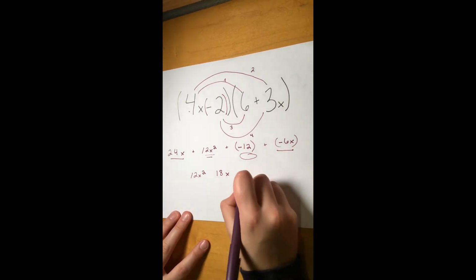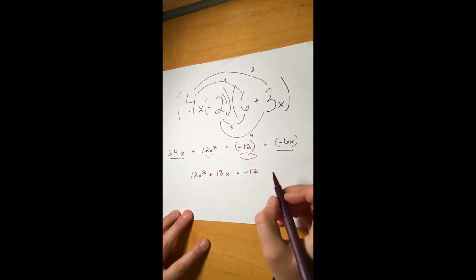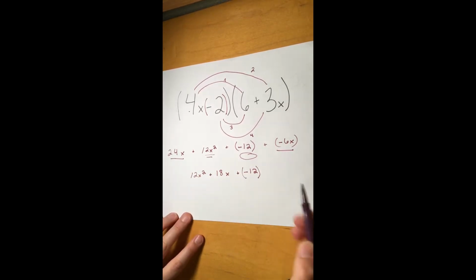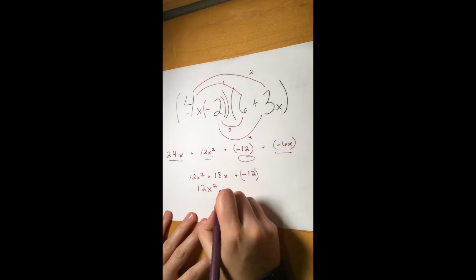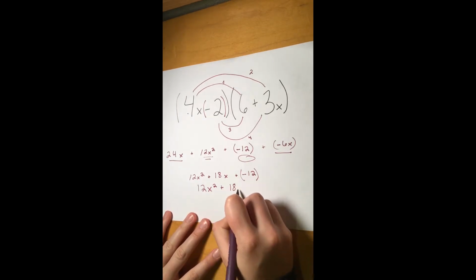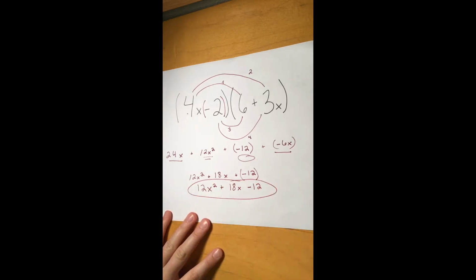And no x's is negative 12. We can put in our pluses, and then we can drop them if we want to. 12x squared plus 18x minus 12 is our answer.